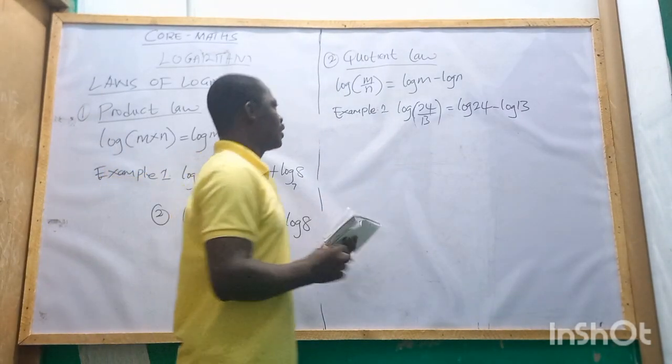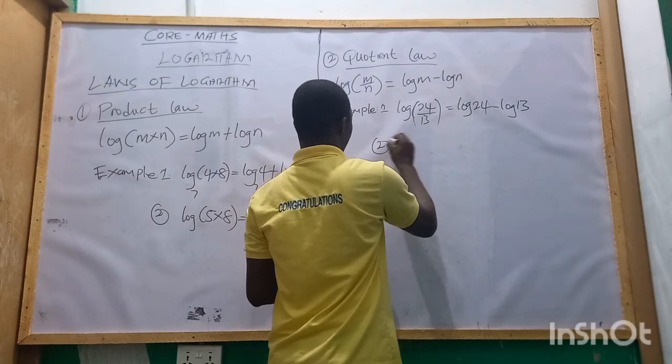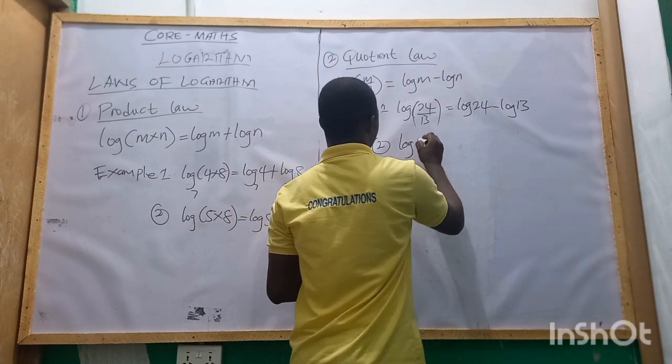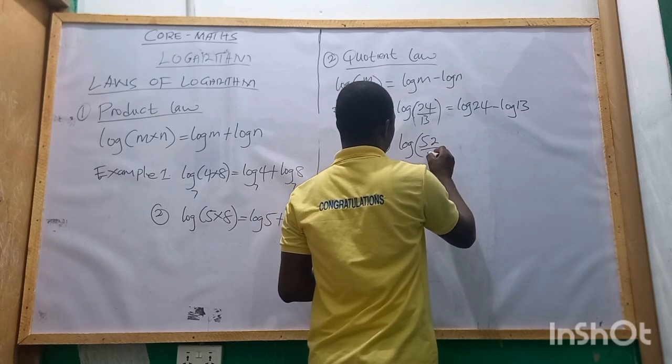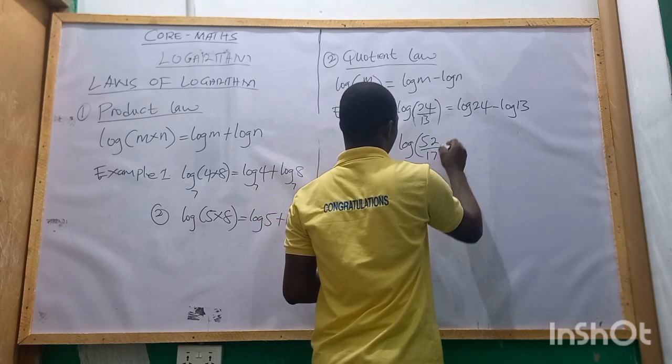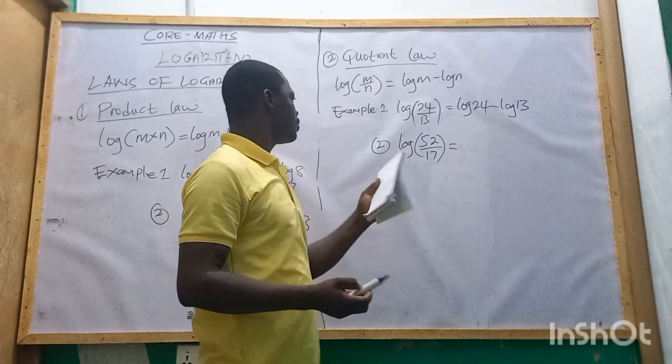Okay, so take example 2. So log of 52 over 17. So do it.